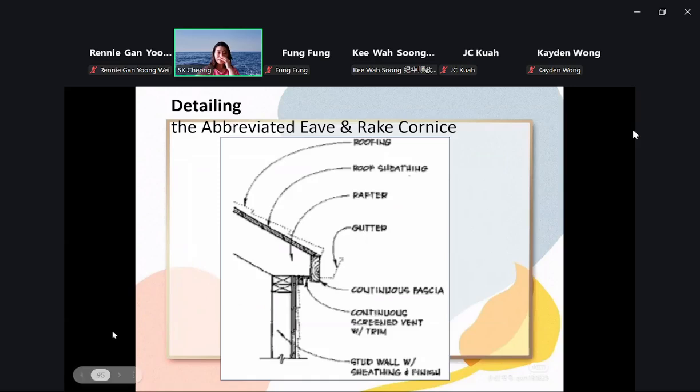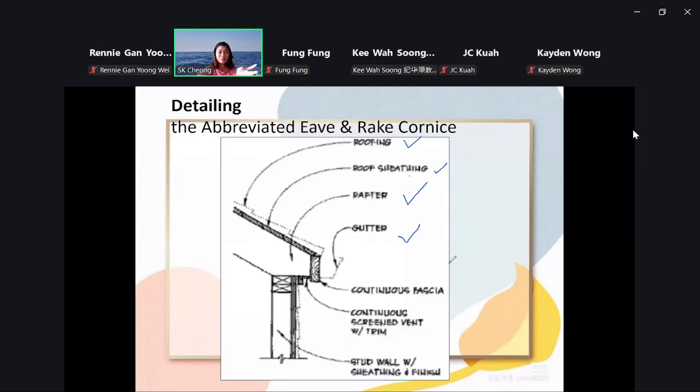Gutter again, a gutter and a rafter, and the roofing material is at the top. Roof sheeting is the membrane that we put before we put the last layer of roof. Roofing material, and the fascia board.